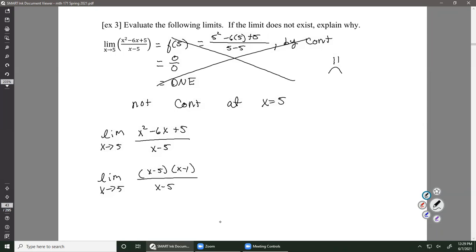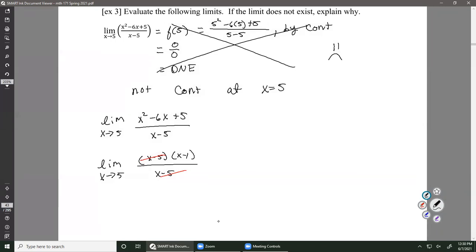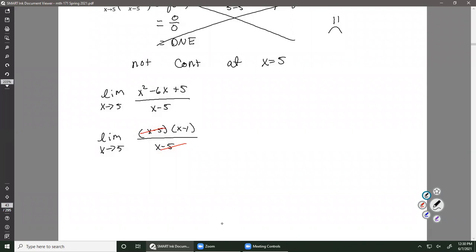Now, what do you notice on the top and bottom? They're going to cancel. And because they are a limit, we can still cancel those out and plug 5 back in. So we get the limit as x approaches 5 of x minus 1.